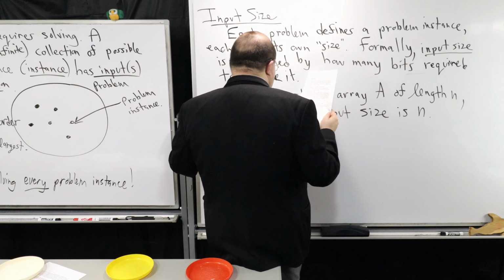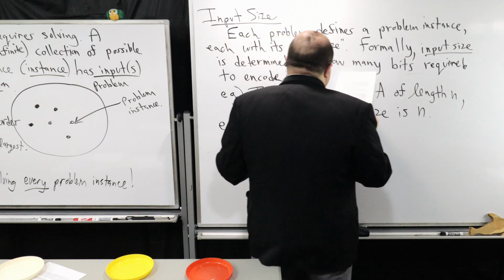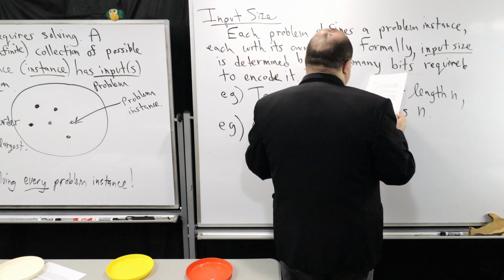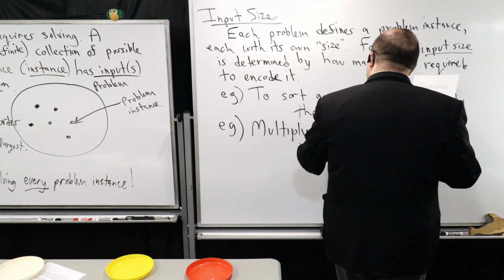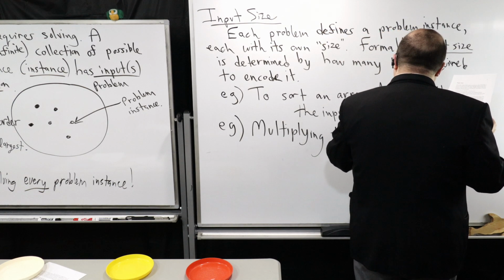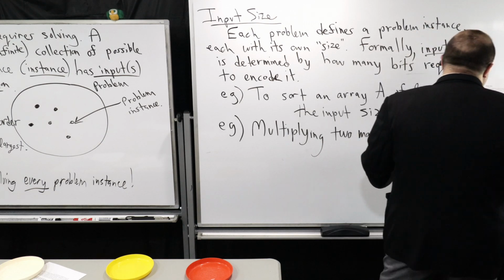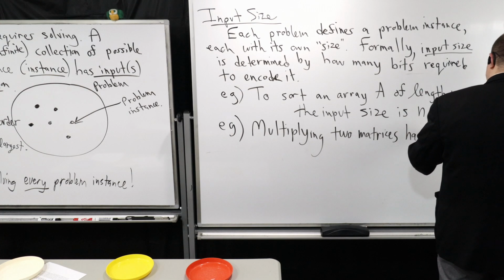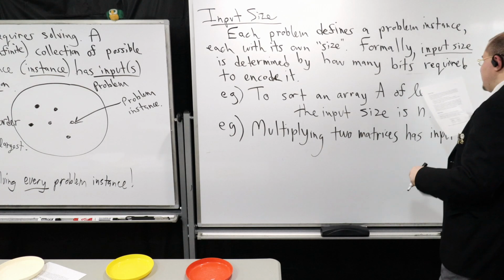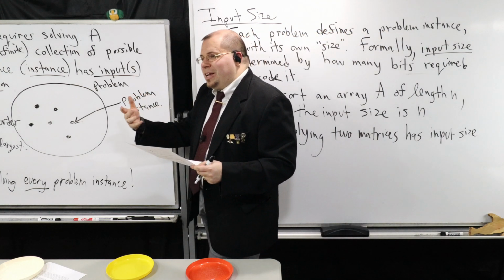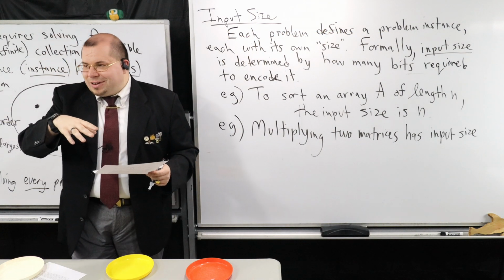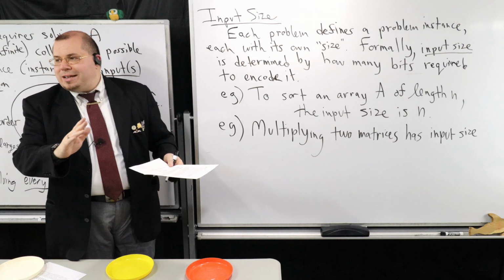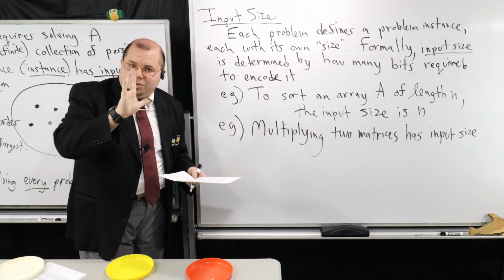Now, for those that have studied a little bit of linear algebra, you may or may not have, you're absolutely not required to be in this course at all. But suppose you wanted to multiply two matrices. Does anybody have any ideas what the input size would be? Imagine I give you a matrix I would like to multiply with another matrix. What would be the input size here? Any ideas? Just think about it, instead of thinking of it just like an array, think of it like a two-dimensional array.